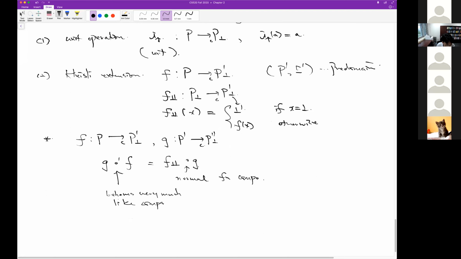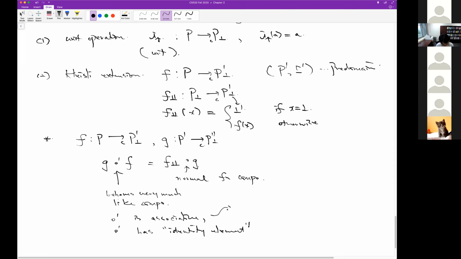What does this mean? This means that this composition prime is associative, and it also has a unit. By unit, I mean, in a sense, identity elements, just like the identity function serves as an identity element for function composition.